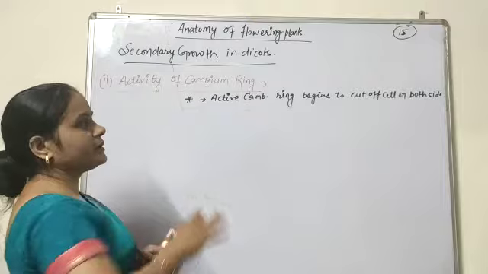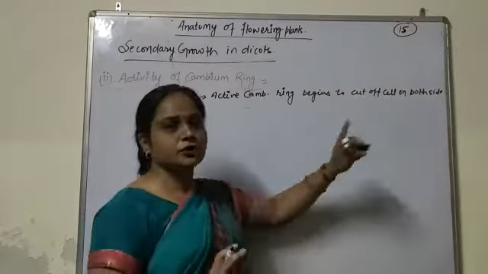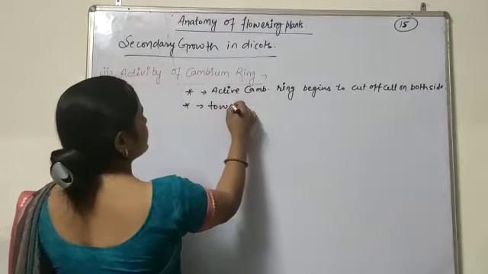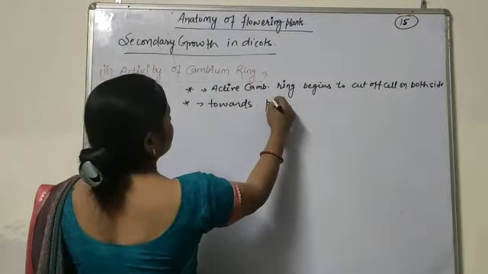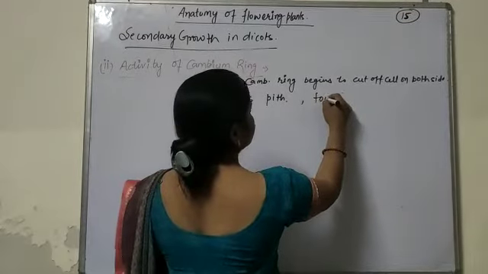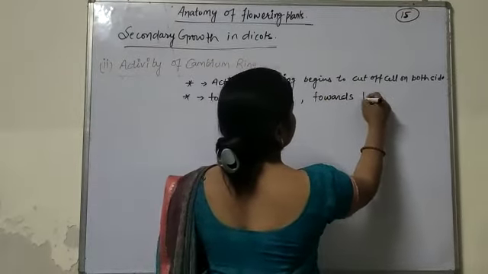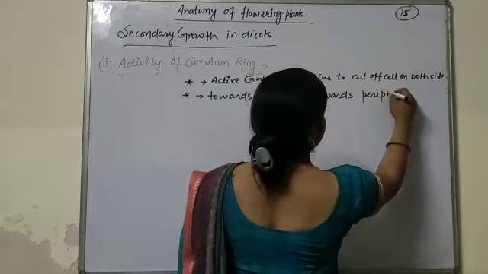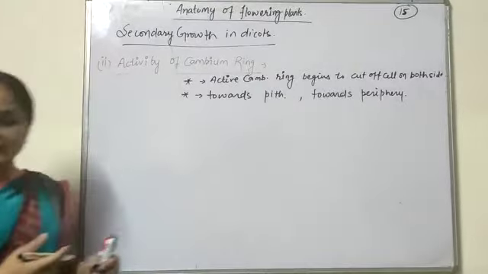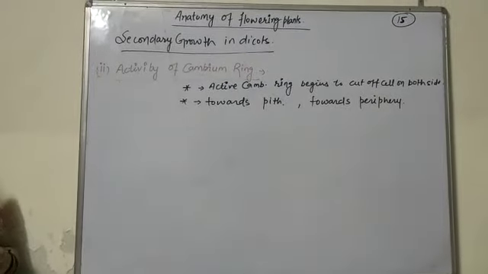So the active cambium ring begins to cut off the cells on both sides. First of all, towards the pith, and then towards the periphery. Okay? This is the activity of the cambium ring.